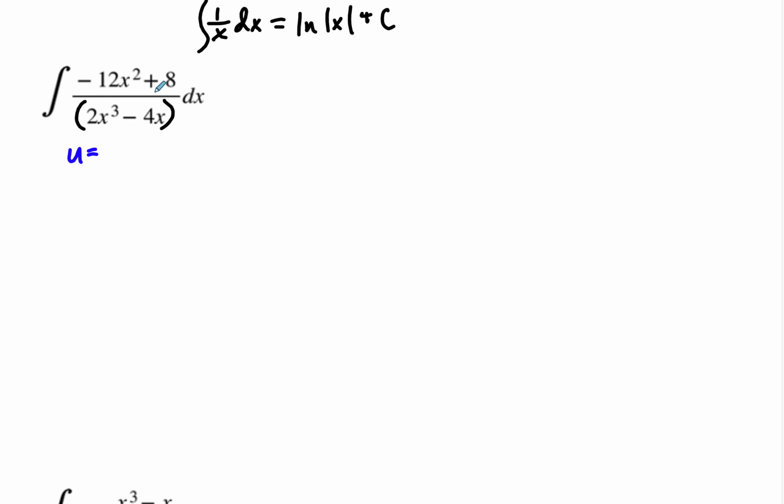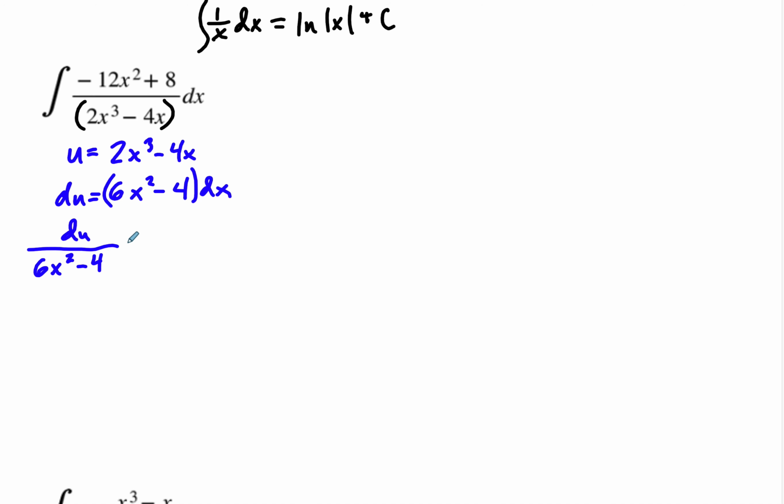So if you don't see any powers or anything in parentheses, it's going to be the special case of natural log of x, most likely. So u is 2x cubed minus 4x. So now I'm going to say du equals 3 times 2 is 6x squared minus 4 dx. Okay, so let's do one more step here. du over 6x squared minus 4 equals dx.